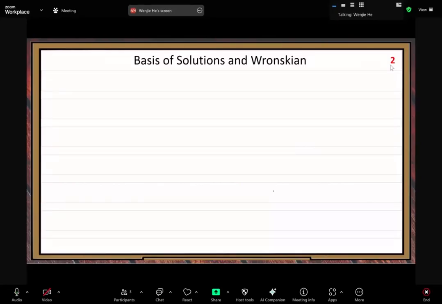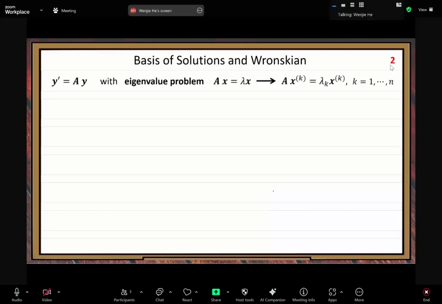Now, let's look at the basis. The original equation has an n by n coefficient matrix, and we assume the eigenvectors are linearly independent.